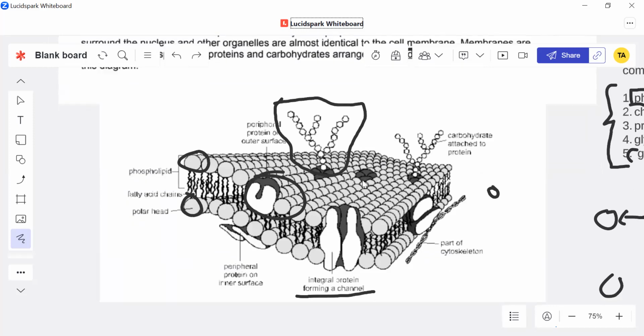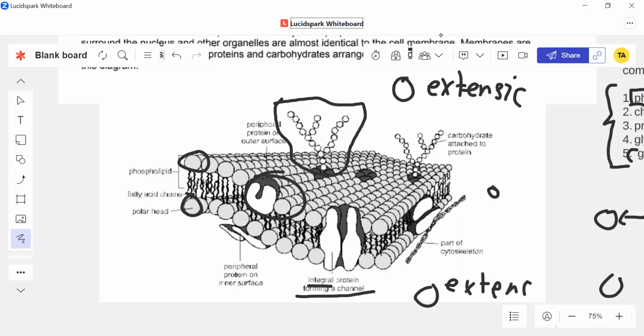These proteins are present inside the cell membrane, between phospholipids, and are called integral proteins. And the proteins that are outside or inside the cell membrane are called the extrinsic or peripheral proteins. These proteins are present outside the cell membrane, not inside the cell membrane.